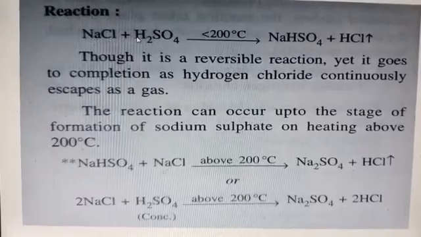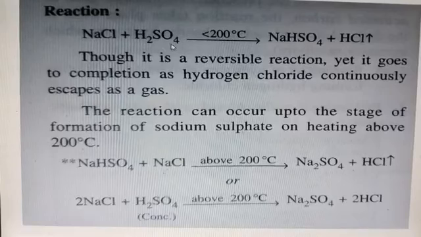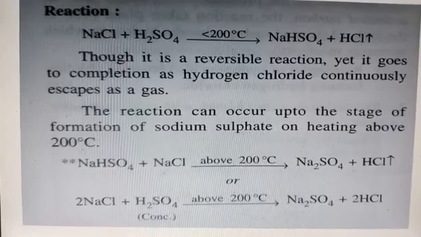NaCl, sodium chloride, plus sulfuric acid, and you need to heat the mixture below 200 degrees Celsius. So what is the condition required? You need to heat the mixture below 200 degrees Celsius. That means you should not heat it above 200 degrees Celsius. I'll tell you why we should not heat above 200 degrees Celsius.